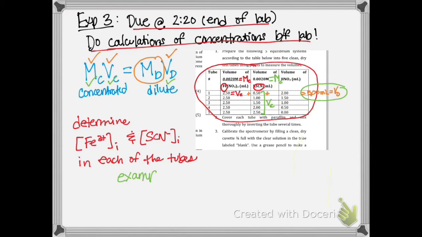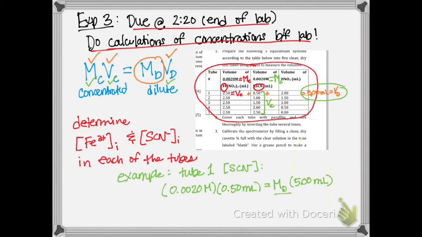So for example, in test tube 1, we can figure out the concentration of our thiocyanate. It's a 1-to-1 ratio, so it's coming directly from our potassium thiocyanate. And so we're taking our concentrated molarity, 0.0020 molar, times the volume you would use in test tube 1, 0.50 milliliters, equals our new diluted concentration, times our total diluted volume, 5.00 mL.